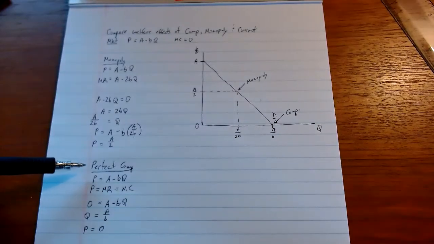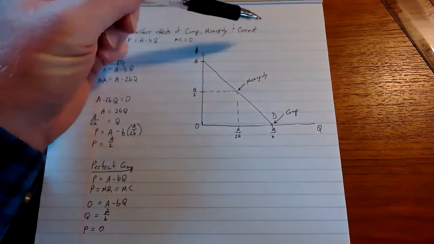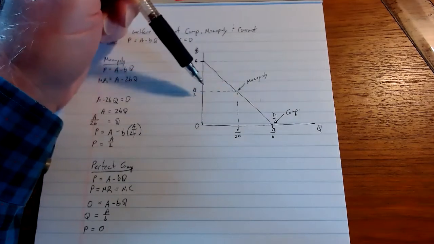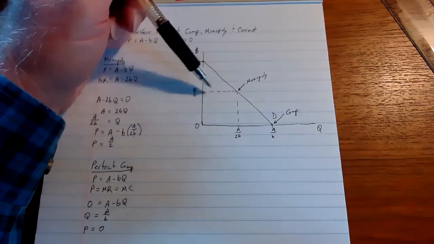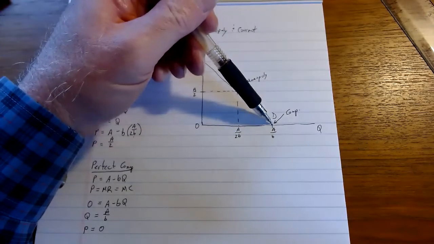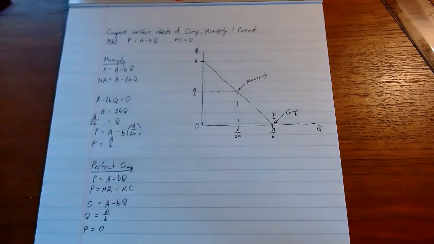So what we see, not surprisingly, is that in monopoly, the quantity produced is much smaller and the price is much higher. In this case, the competitive firm produces twice as much and at a much lower price, at a price equal to marginal cost.